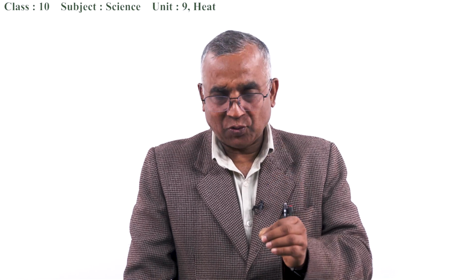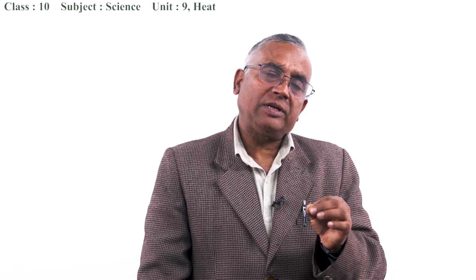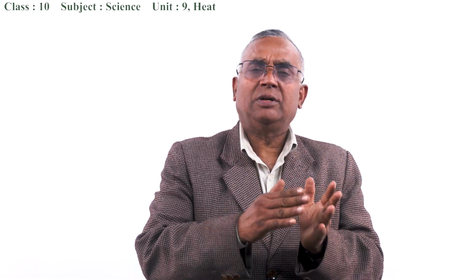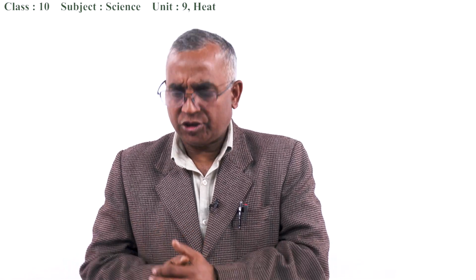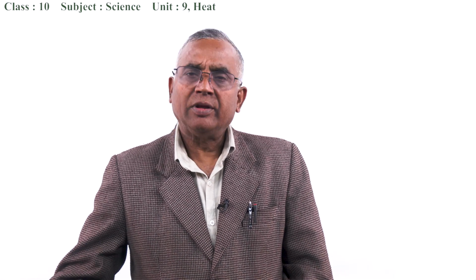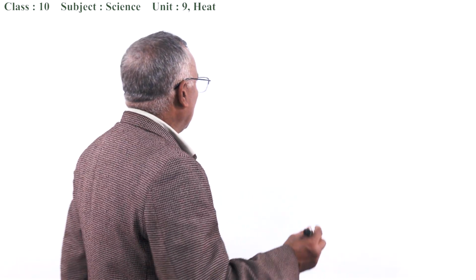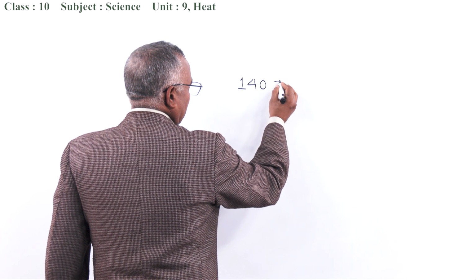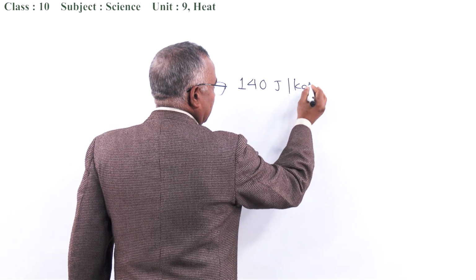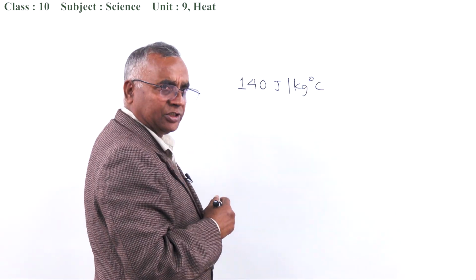If you are asked what is understood by the specific heat capacity of mercury being 140 joule per kg degree Celsius, then what do you mean by it? It is the question.